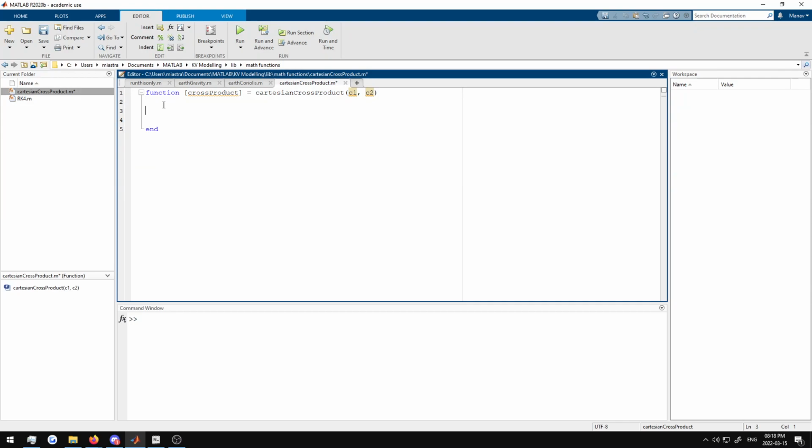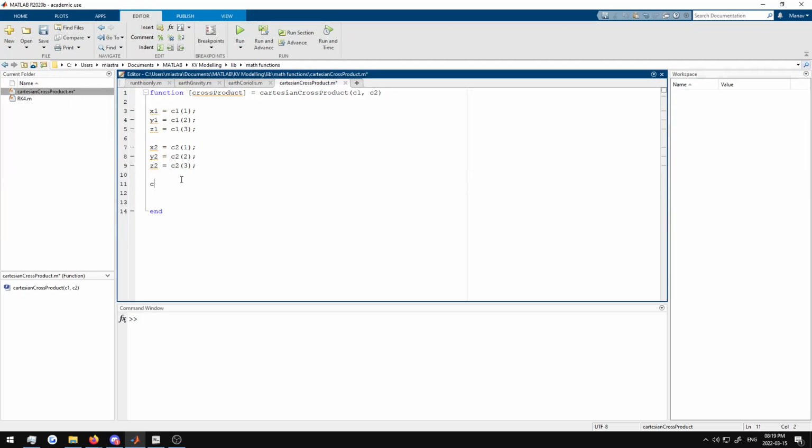So we define X1 as C1(1), Y1 as C1(2), and Z1 as C1(3). Then we define all of these one more time for our second vector: X2, Y2, Z2. And I'll just shove in parentheses.